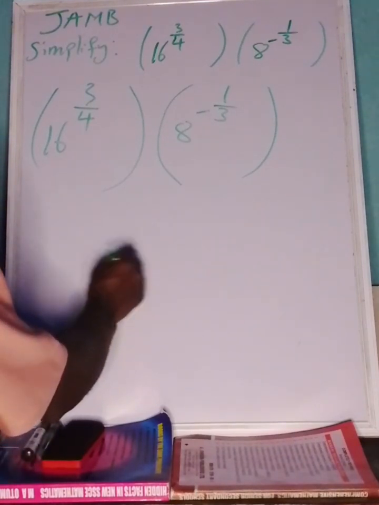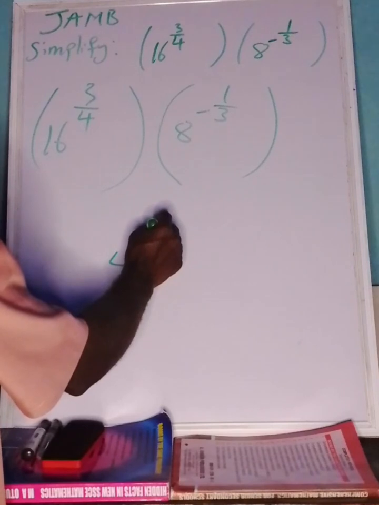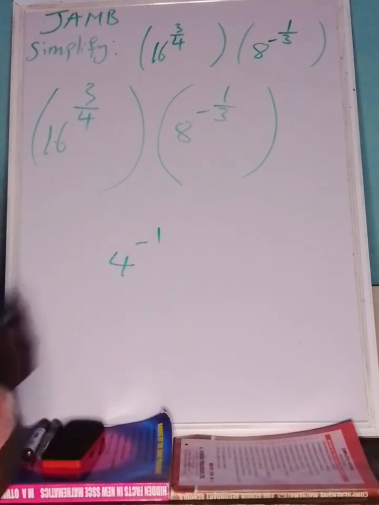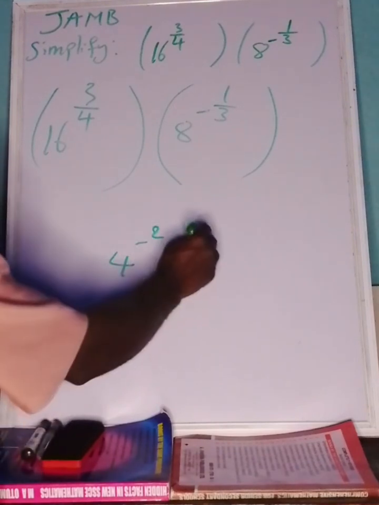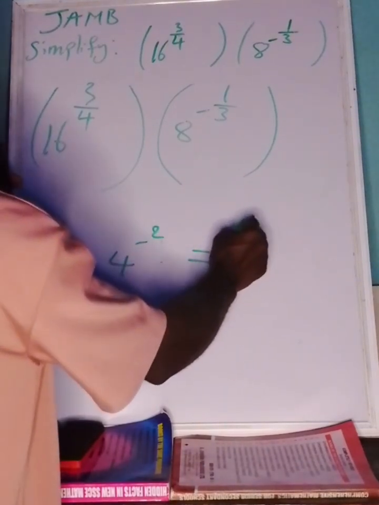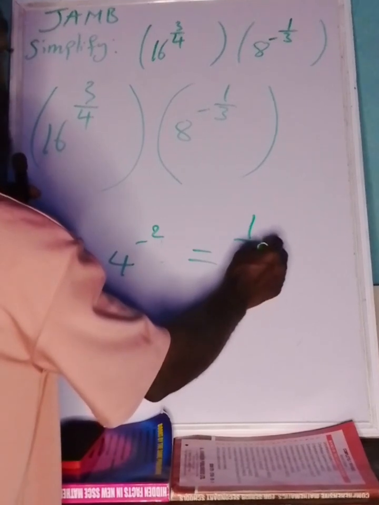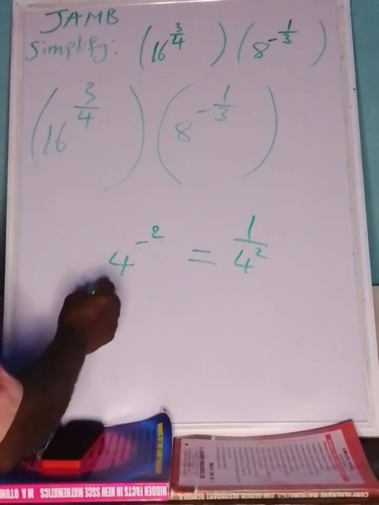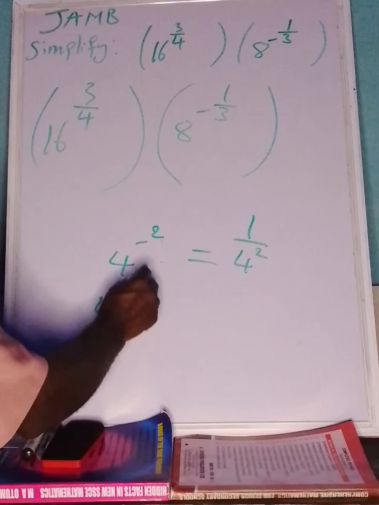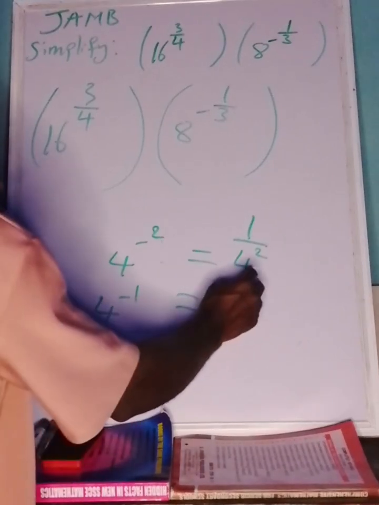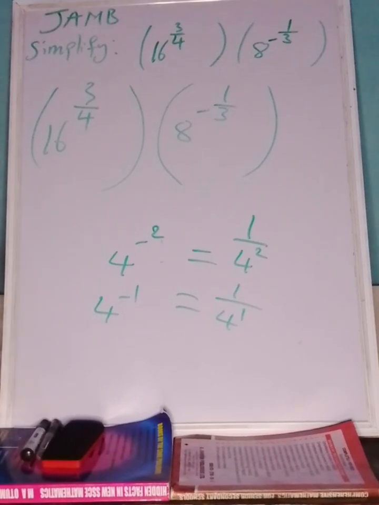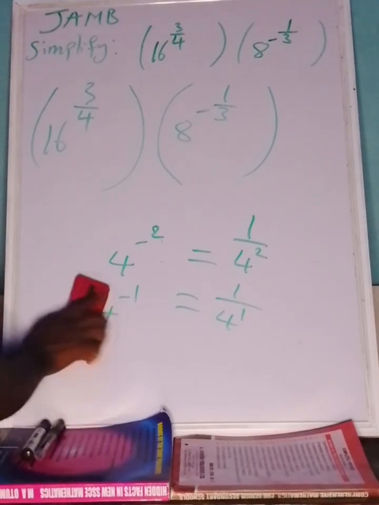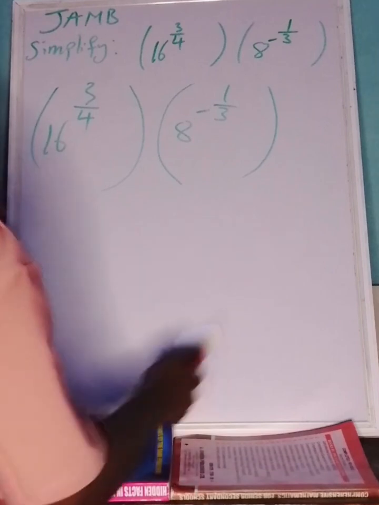For example, if you have 4 raised to power negative 2, this is equal to 1 divided by 4 raised to power 2. The same way, when you have 4 raised to power minus 1, it is equal to 1 divided by 4 raised to power 1. So I believe this rule is understood, and this is the rule we are going to apply here.